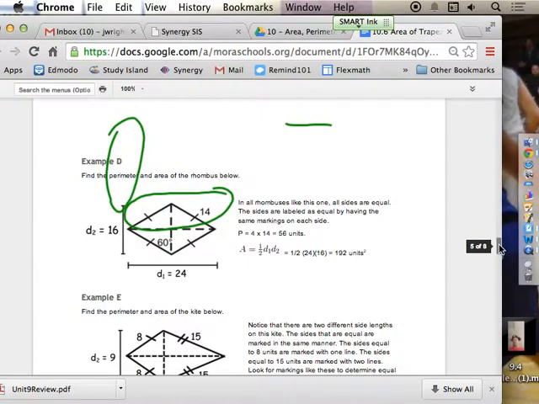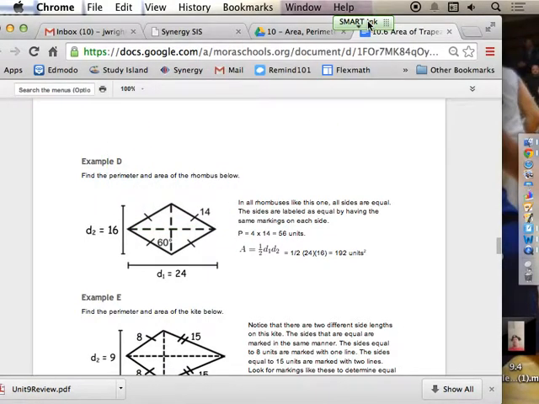So let's look at this one here. I have these degrees and I have sides, and that's not as important right now. We're going to talk about perimeter in a second, but what we're really looking for is area. You can see here's one rhombus. This is how tall this diagonal is, and this is how long that diagonal is.